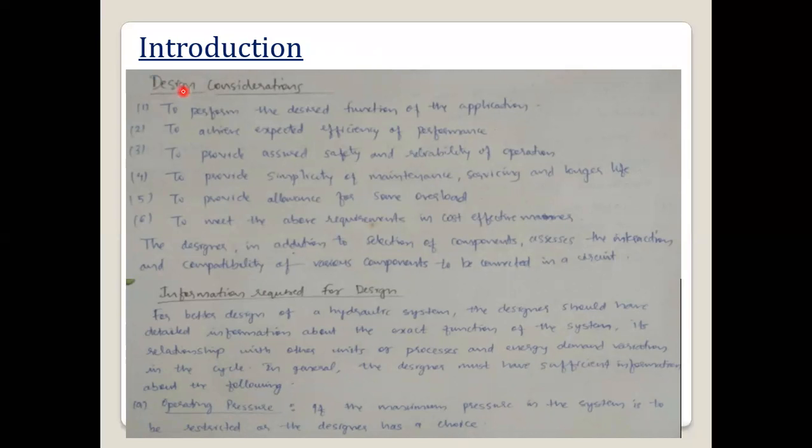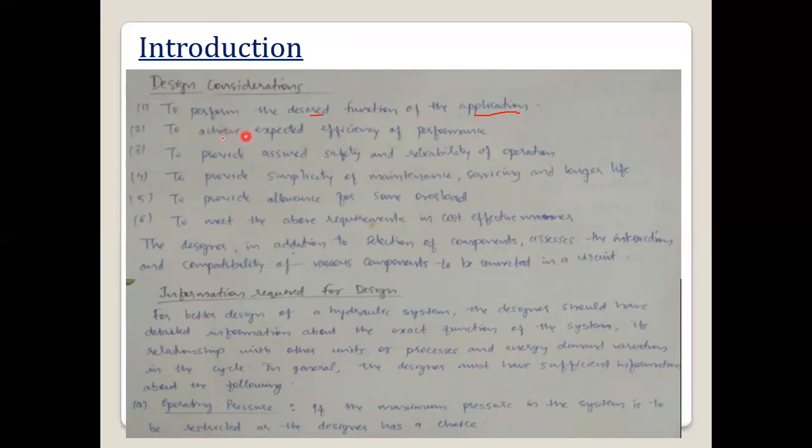Basically, we have to consider certain design considerations. The first is that the system should perform the desired function of the application. Whatever the application is, we have to design the circuit so that the required performance is achieved.